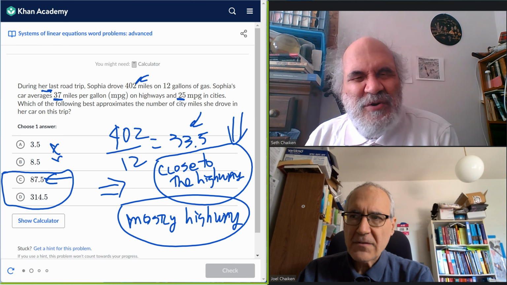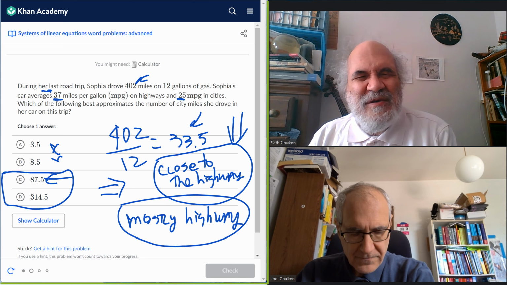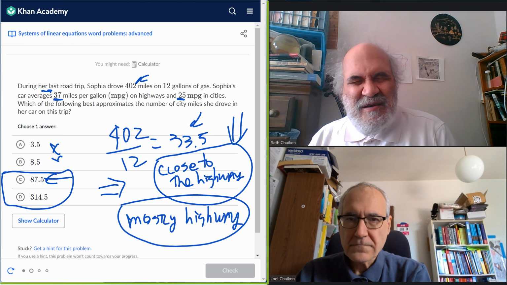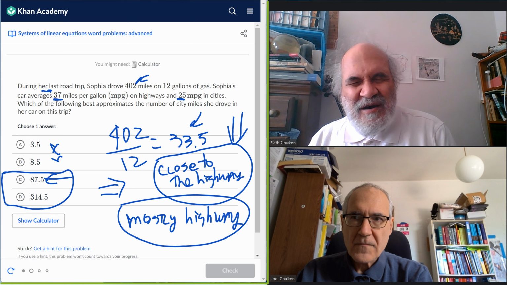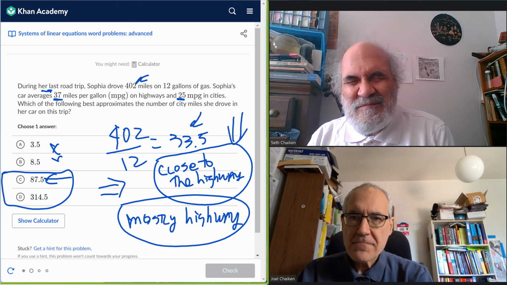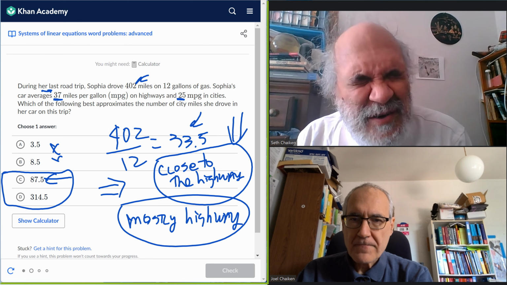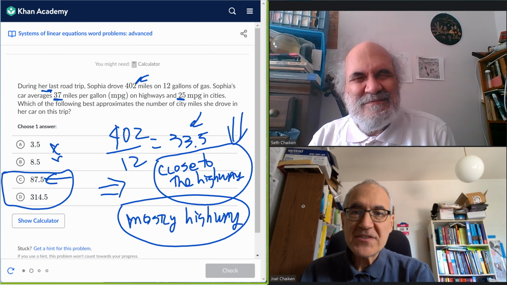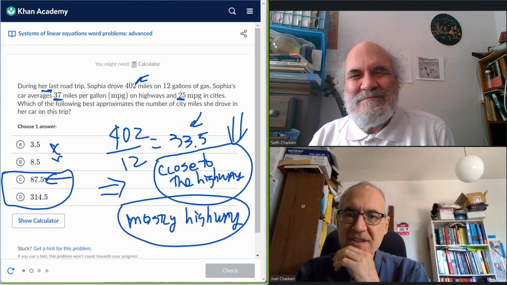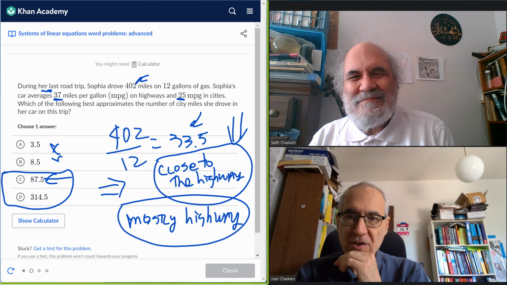So if you make the mistake of confusing the numbers of gallons with the numbers of miles, you'd be led to picking one of those. So it's really interesting. You absolutely can do it this way because the answers are far apart. This is a really good way to do it.